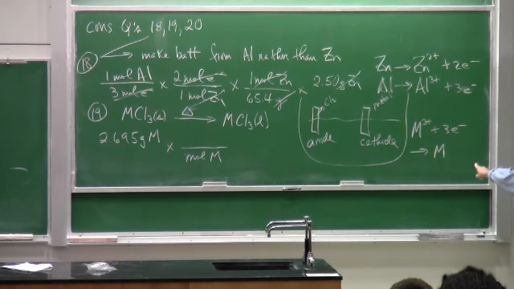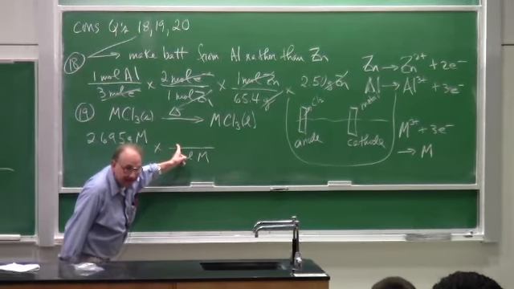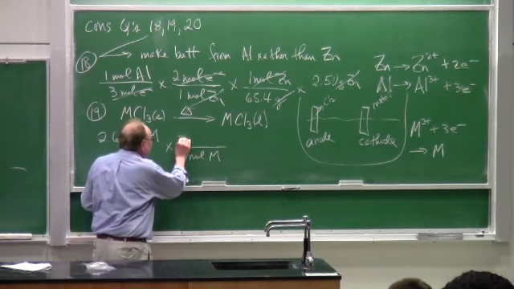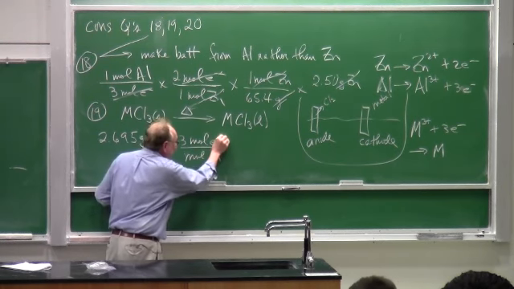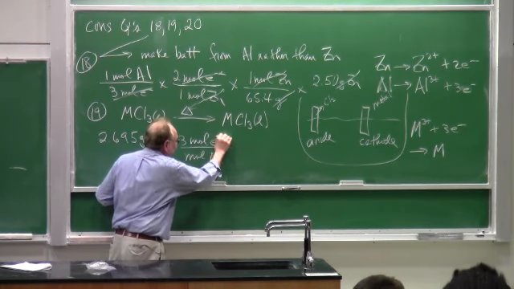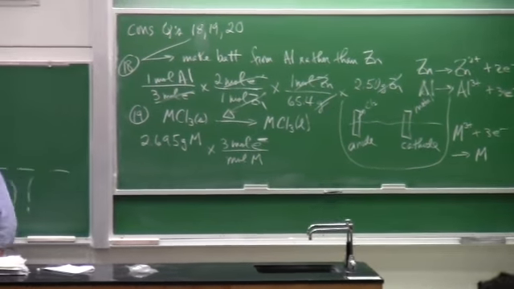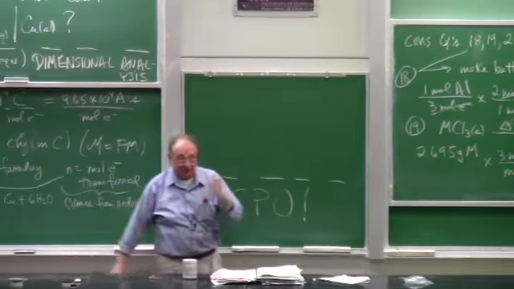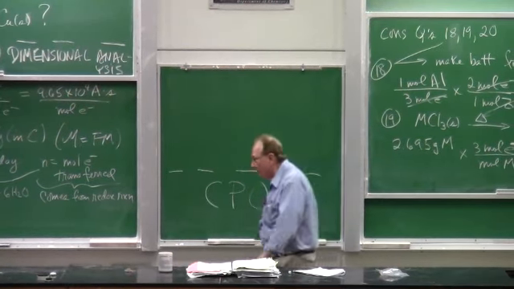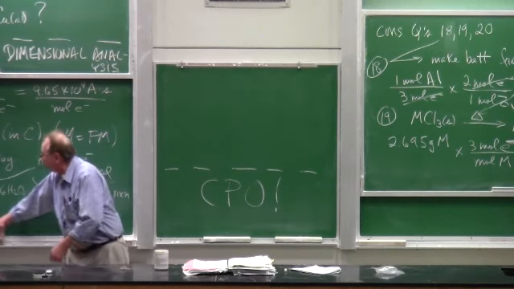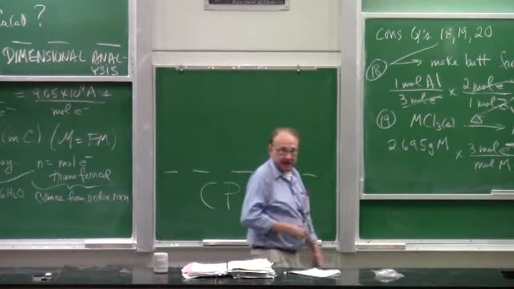You agree? So what am I writing here? 3 moles electrons. That's dimensional analysis. You try to do it by just memorizing this, you've got troubles. I mean it. Because what we're doing is to show you how we can succeed with this if we understand this thing. If you don't understand that, forget it.